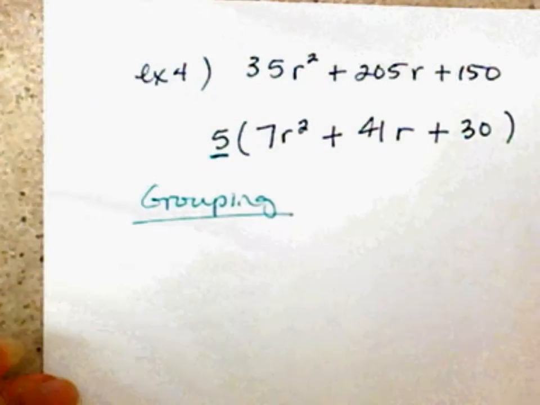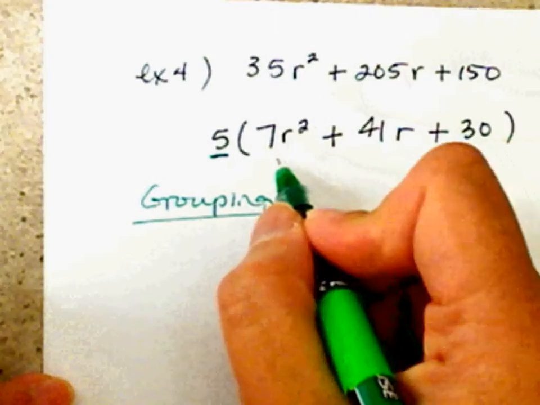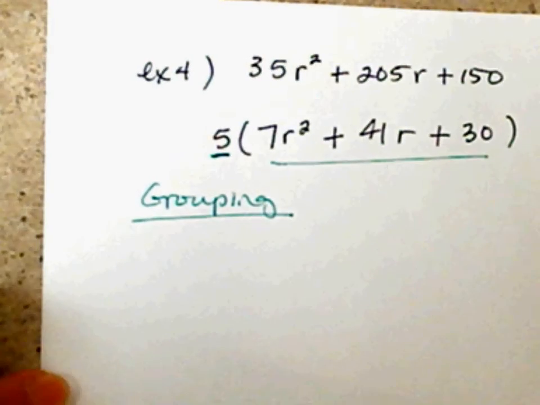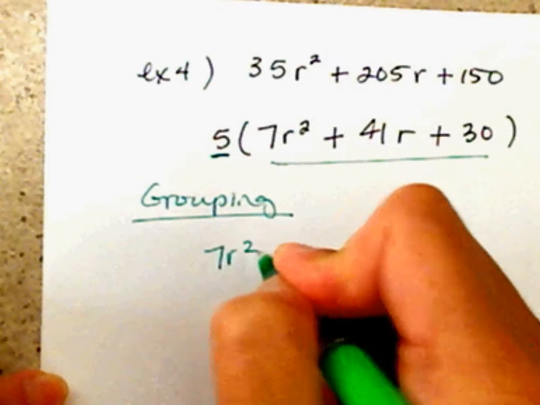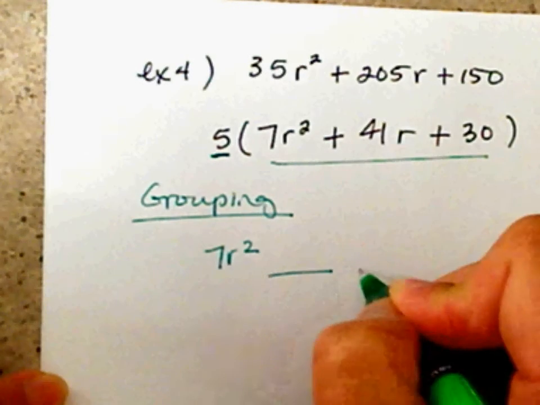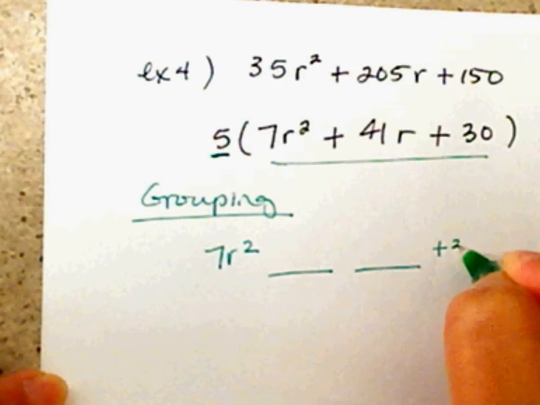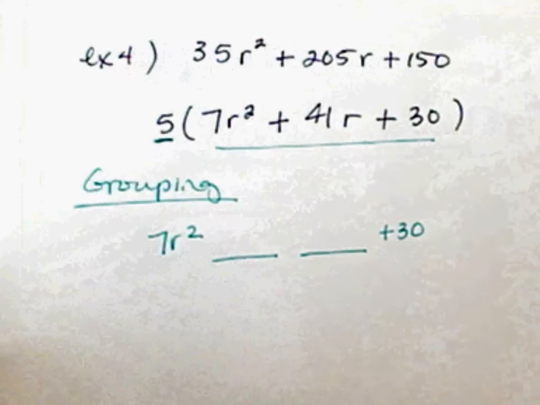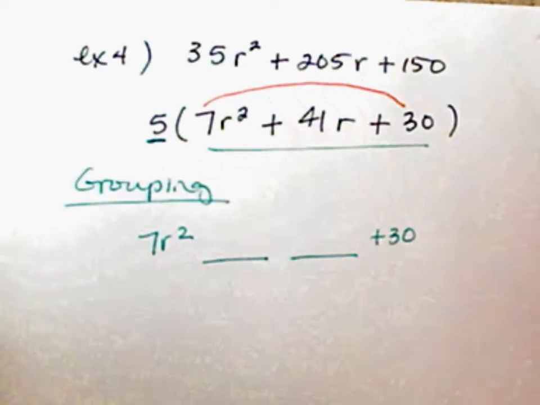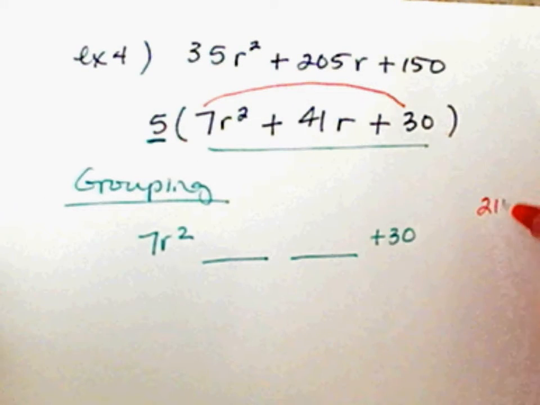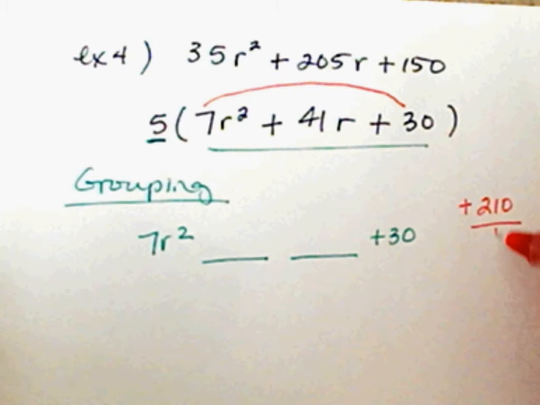All right. So, let's take a look. We got 3 terms right here. To group, you want to write your first term here, leave a blank, and a plus 30. Okay? You're going to multiply your A times your C. What is 7 times 30? 210. Positive 210.